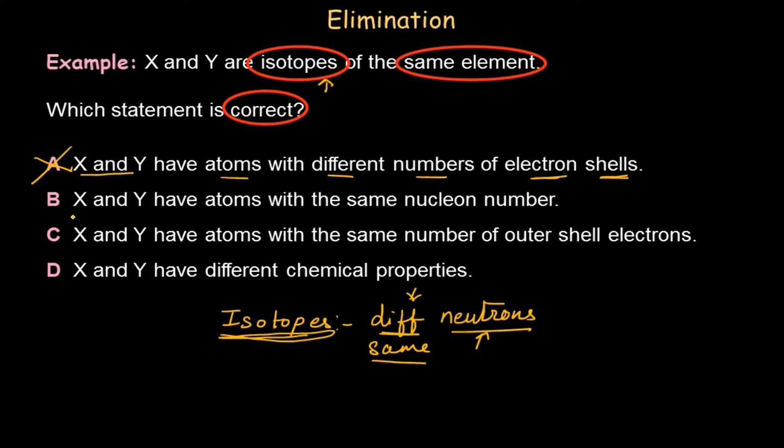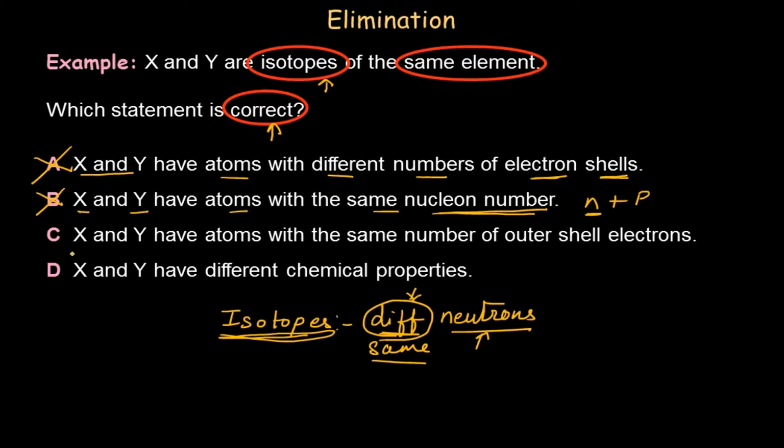The second option says X and Y have atoms with the same nucleon number. Nucleon number means neutrons plus protons. If neutrons are different according to our definition of isotopes, then the nucleon number cannot be the same. As we are looking for the correct option, this option is wrong, and we are eliminating it again.